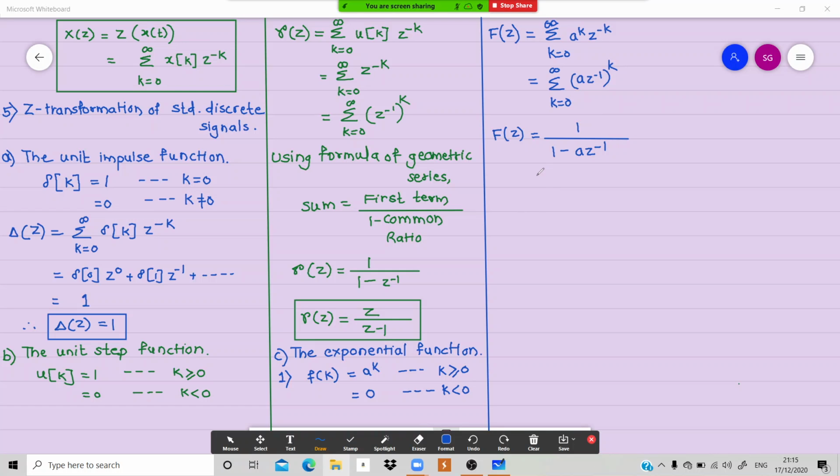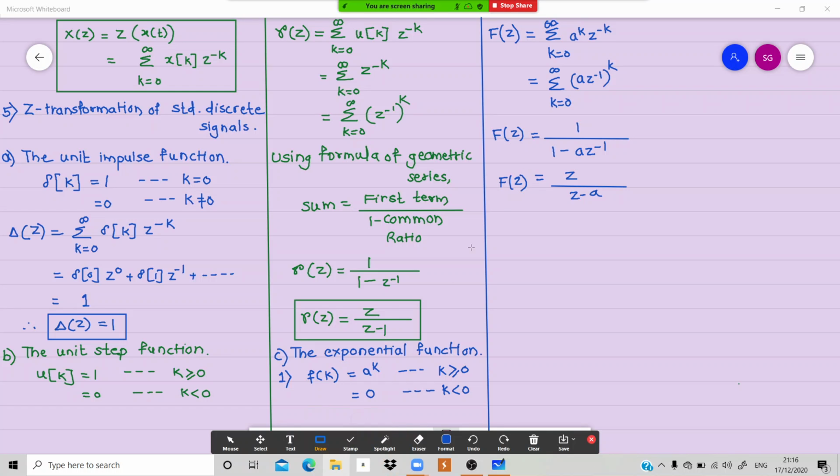If I simplify, this is going to be z upon z minus a, for the exponential function.